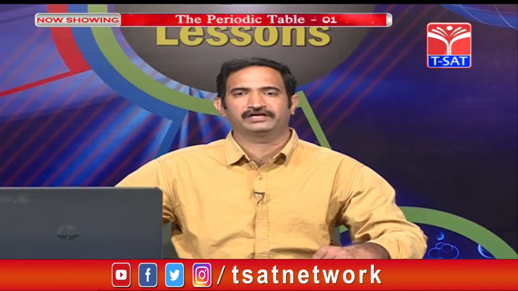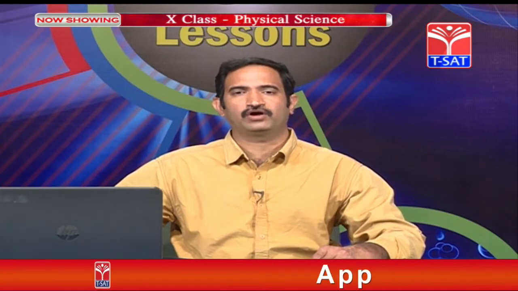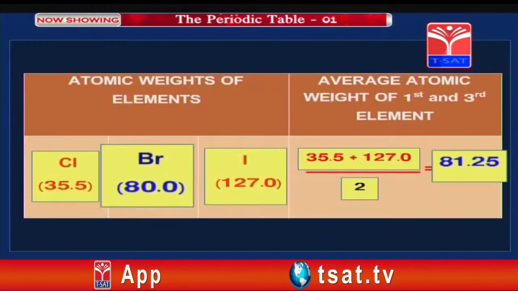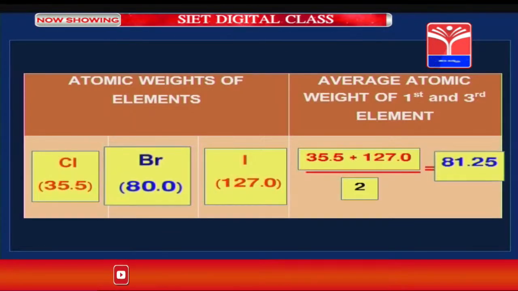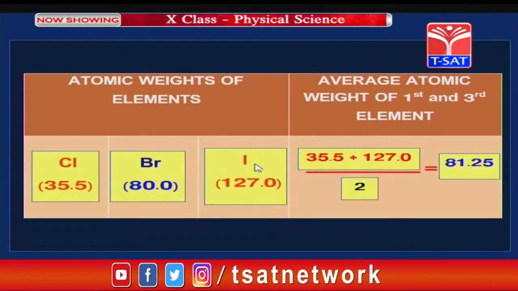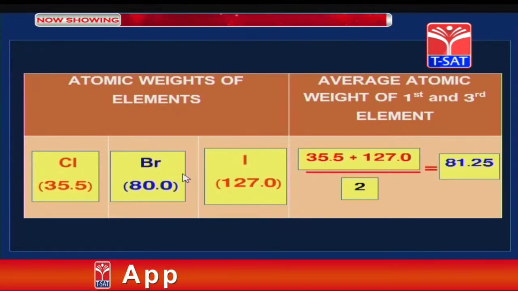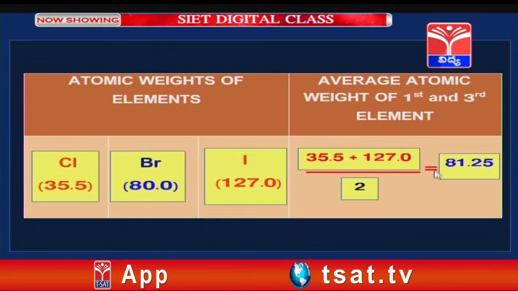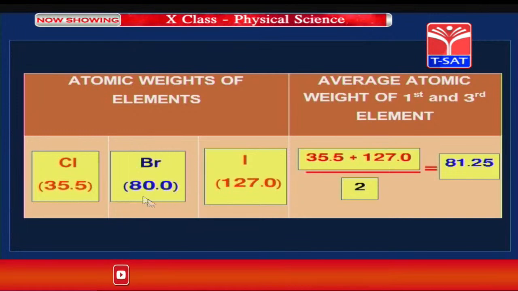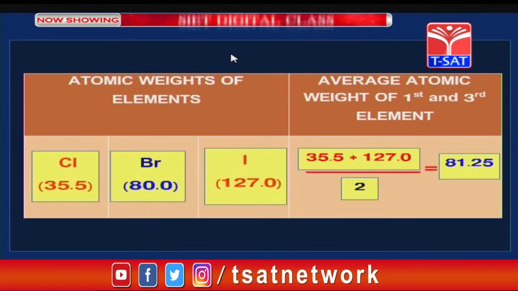Here the bromine value is not matching with the average value of chlorine and iodine. We are getting 81.25, but in the case of bromine we are getting only 80. Therefore, such limitations we observed later on.